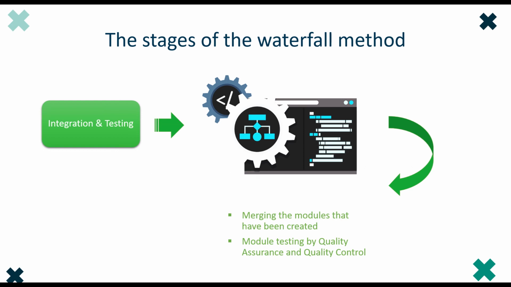So, with the testing stage, it can prevent errors and bugs in the program before entering the production stage. The persons responsible for conducting the test are quality assurance and quality control.